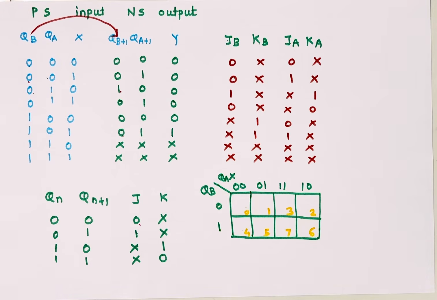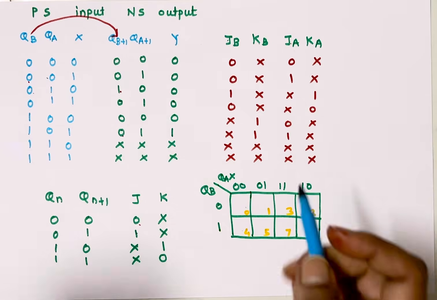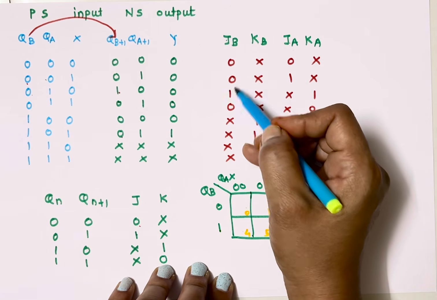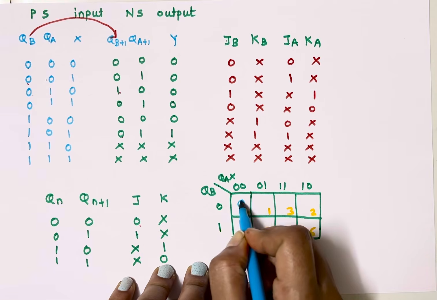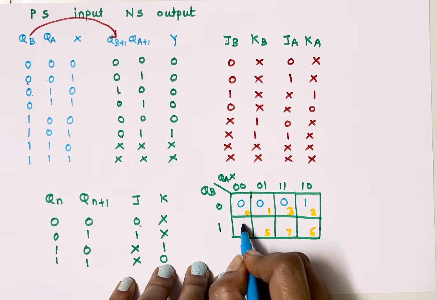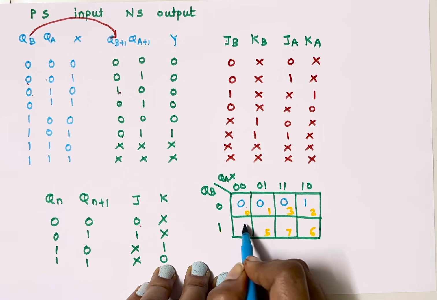Now let's put values for JB. JB here is 0, 0, 1, 0, 0, 0, 1, 0, and then all remaining are don't cares.